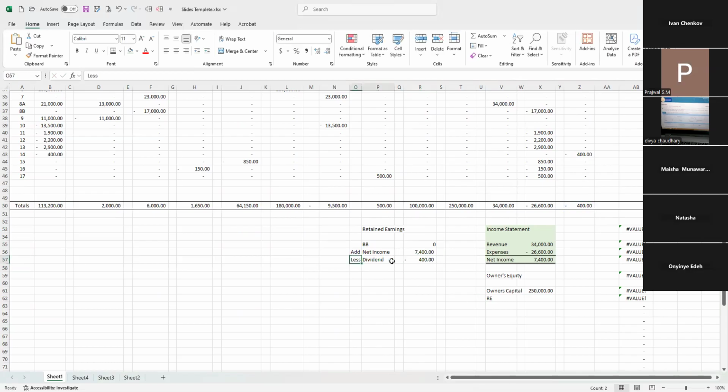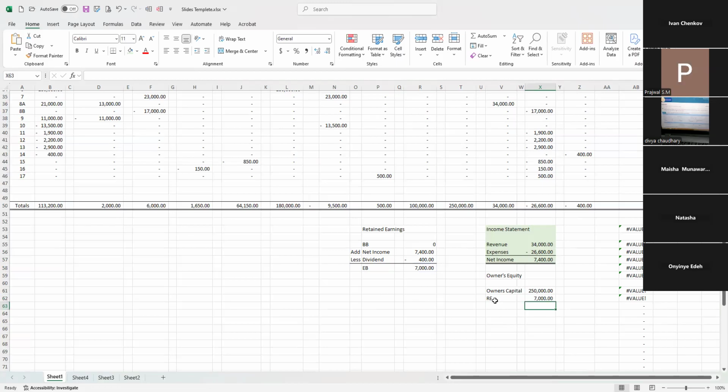So how much is our retained earnings at the end? 7,000. The ending balance of the retained earnings is 7,000. So this number here is 7,000.